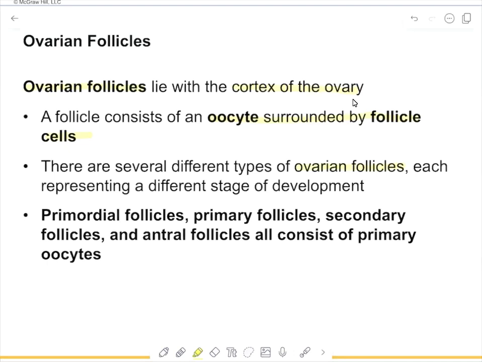Those follicles begin as primordial follicles, then primary follicles, secondary follicles, and antral follicles. All of these contain primary oocytes.